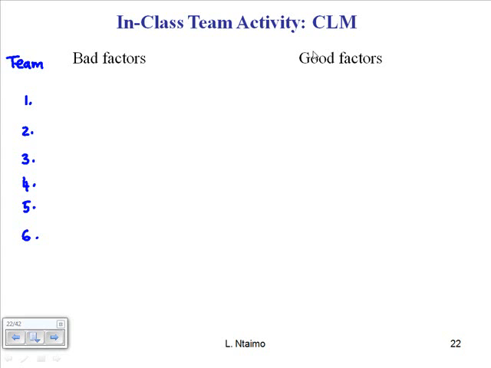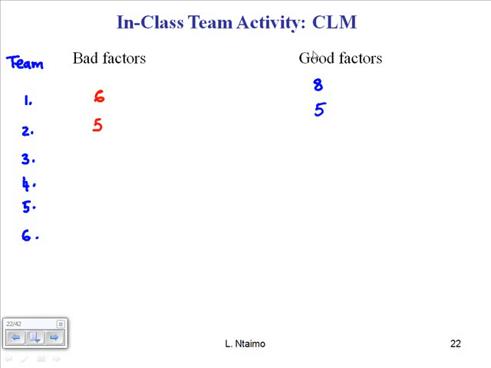Okay, so let's start with team number 1. So this is going to be team 1, 2, 3, 4, 5, and 6. So team 1, how many bad factors do you have? Just a number, if you can count them for me. 6, and how many good? 8. Team number 2. 5 bad and 5 good.